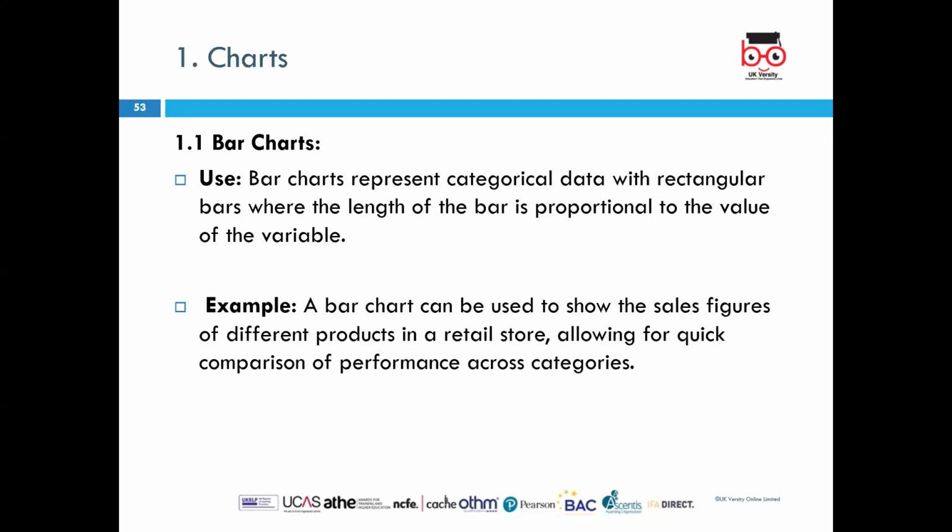insightful graphics. We have different types of charts, such as the bar chart, where we represent categorical data with rectangular bars, where the length of the bar is proportional to the value of our variable.